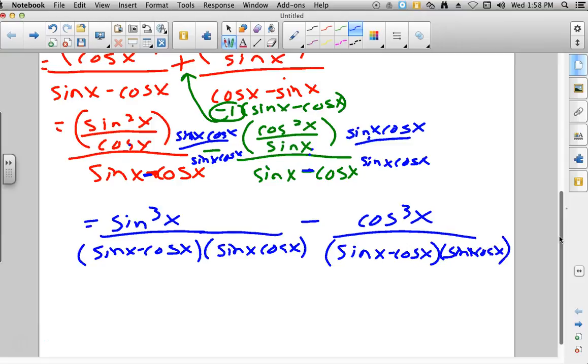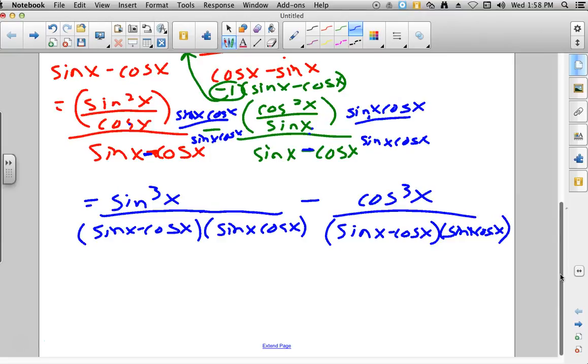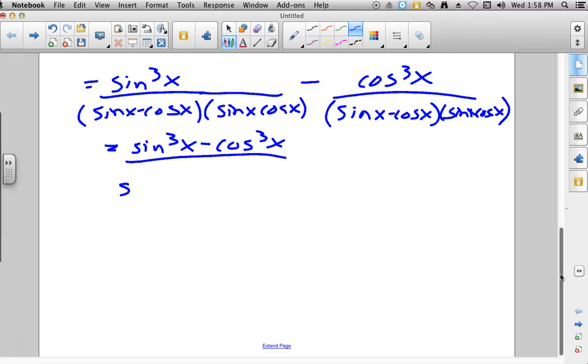All right, so now we have that piece that we needed for the denominator, but something really weird has happened. We now have a cube in our numerator. And we do know how to factor the difference of two cubes.